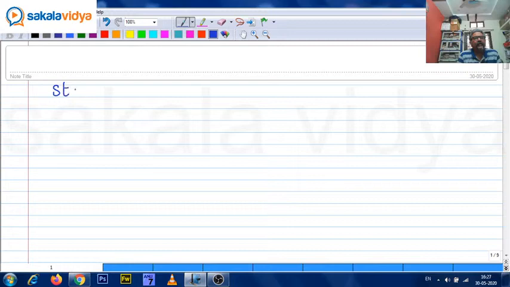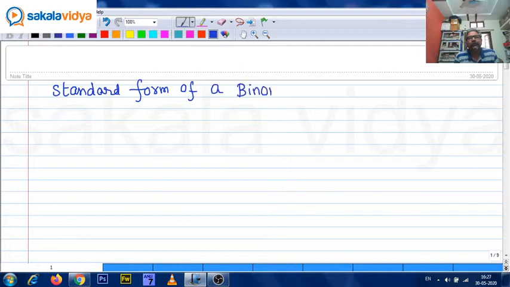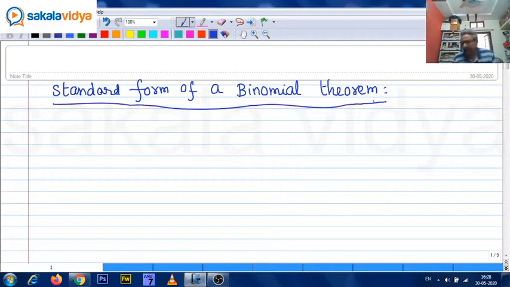Next, standard form of a binomial theorem.